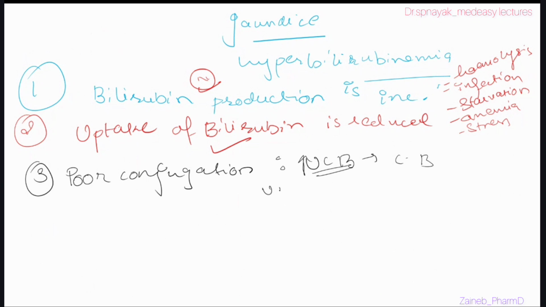Okay, this mainly happens in viral hepatitis when the hepatocytes are inflamed or infected. What it will do is that the glucuronide transferase activity is reduced, leading to impaired conversion of the unconjugated bilirubin to conjugated bilirubin, and the unconjugated bilirubin will spill out into the circulation and increase in concentration.